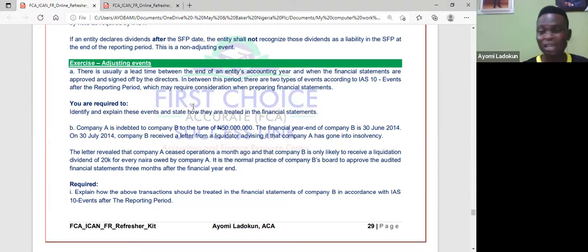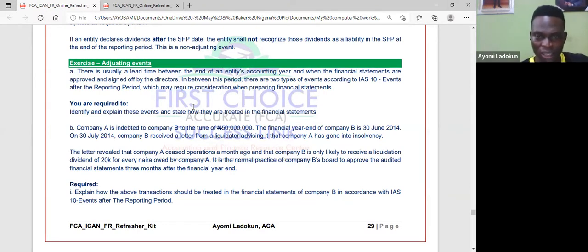It means that out of the 50 million, this guy can pay 20 kobo of every naira. So all you need to do is convert it back to naira by saying 20 divided by 100 multiplied by 50. Then you get 10 million. So that guy can pay 10 million out of 50 million. Then 40 million is the balance that he cannot pay. Then you now go to that account to adjust by writing off that receivable.